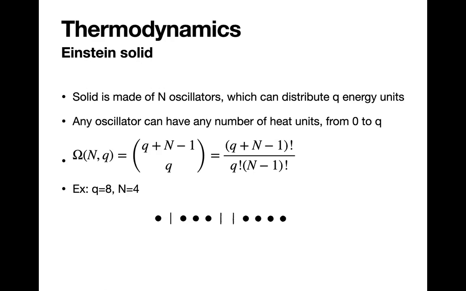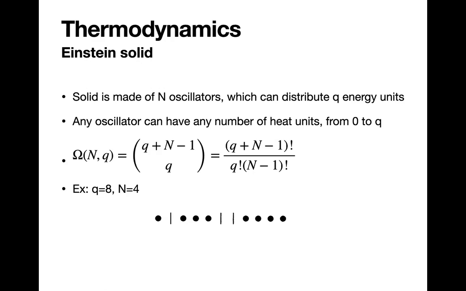Or one of them has 3, one has 1, and the others have 2. Any combination is allowed. You're even allowed to have all 8 units of energy in a single oscillator, right? Those microstates, those arrangements, are all equally probable. So that's our assumption.